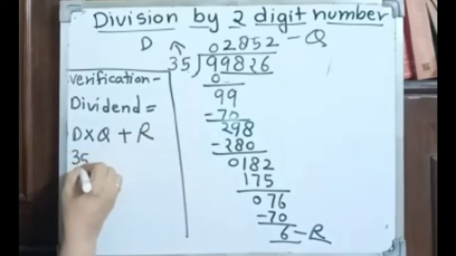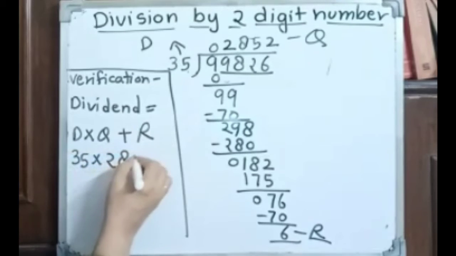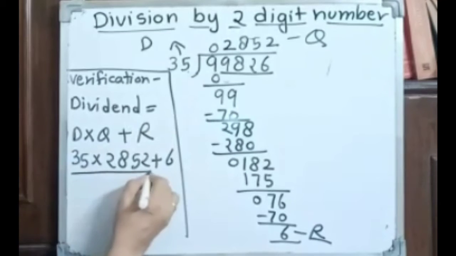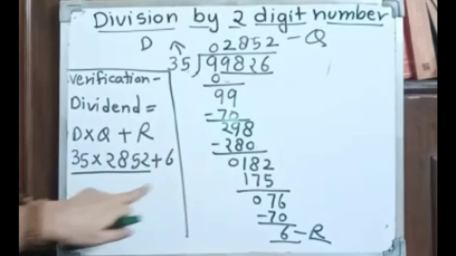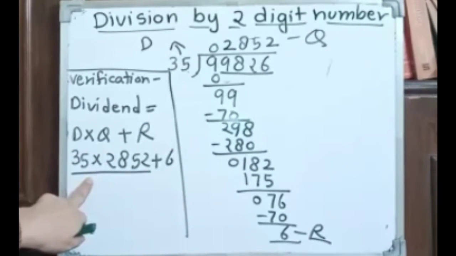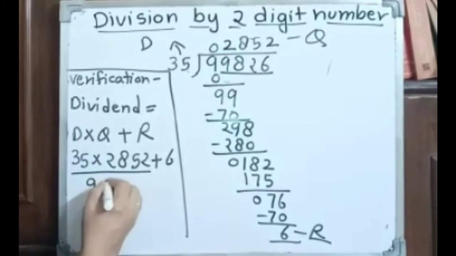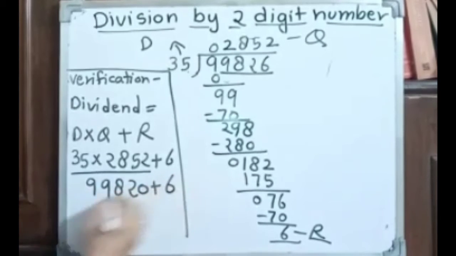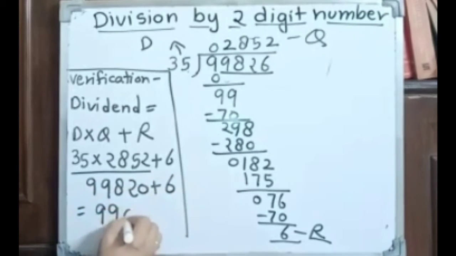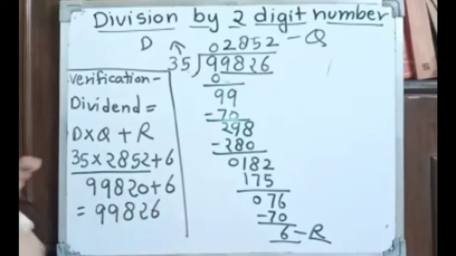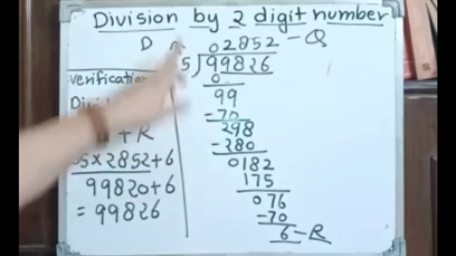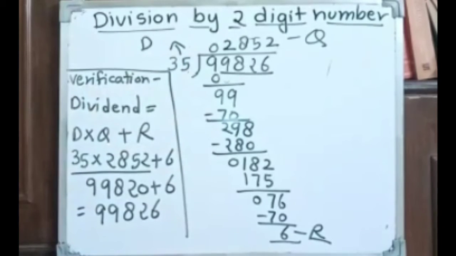So we have 35 into 2852 plus 6. First multiply it, then add. When we multiply this number, the answer is 99820, plus 6, so here we have 99,826. By this method you come to know whether your answer is right or wrong.